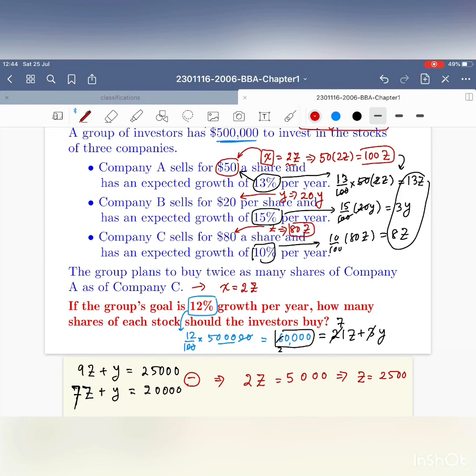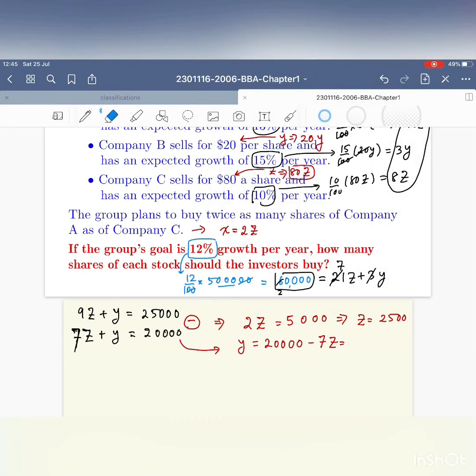So after you know your Z, for your Y you can use this one, 20,000 minus 7Z. So it is 20,000 minus 7 times 2,500, which is 17,500, so you get 2,500. Okay.